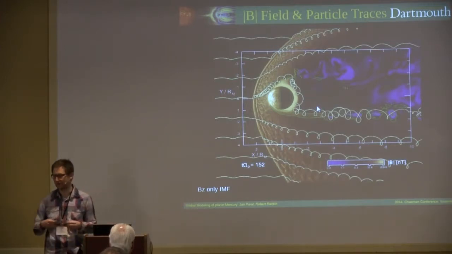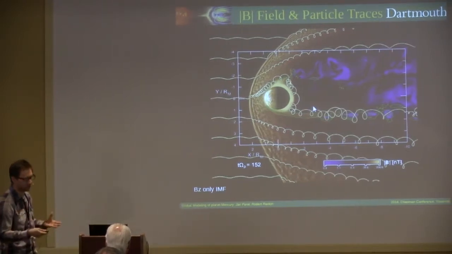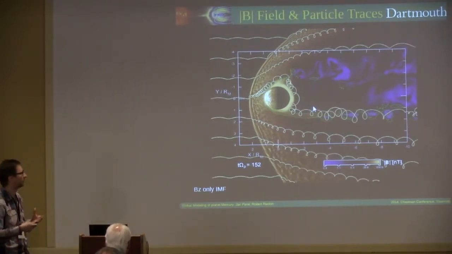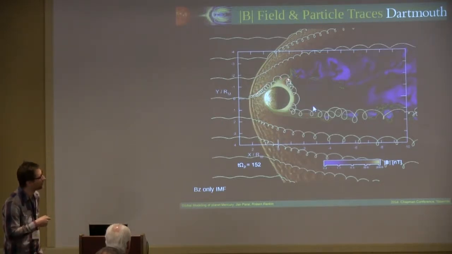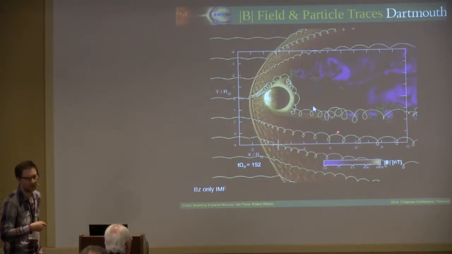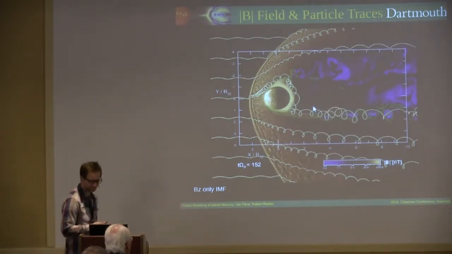That means all the particles will be sampling, all the time, a big portion of the magnetic field. So here I plotted a couple of trajectories of particles traced from the solar wind, and you can see there will be some population of particles which comes down behind the planet, and as it goes through this increased shear layer, it starts sampling both magnetosheaths and the tail of the magnetosphere.